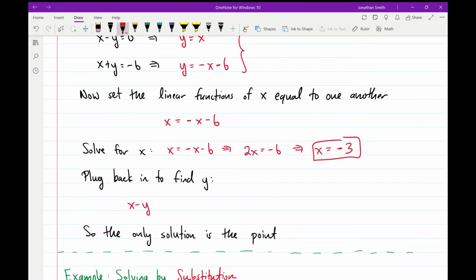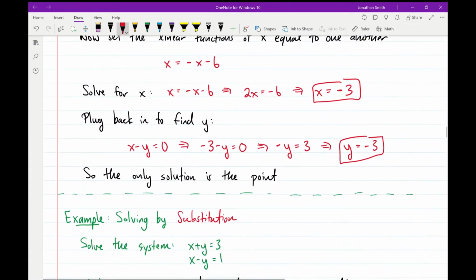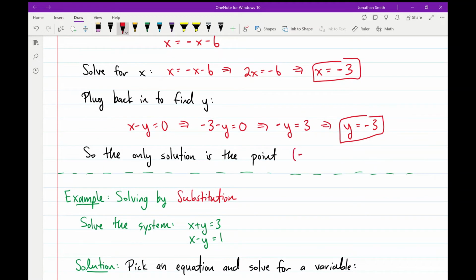So we have x minus y is equal to 0. Now we plug in our value for x, which is -3. And we get minus y is equal to 3. So y is equal to -3 as well. So the only solution to this system of equations is the ordered pair -3, -3.